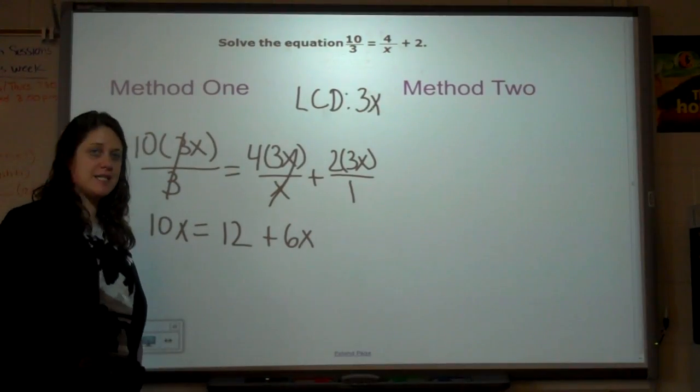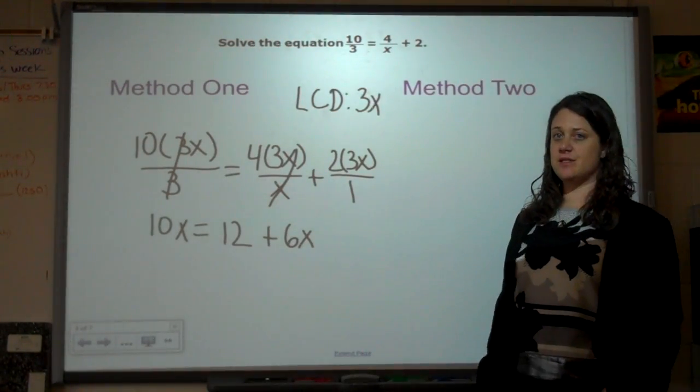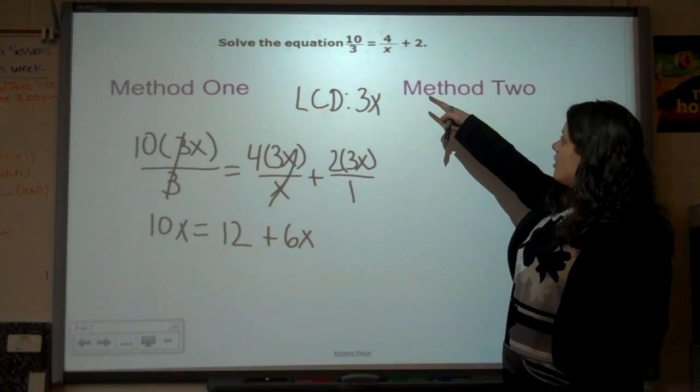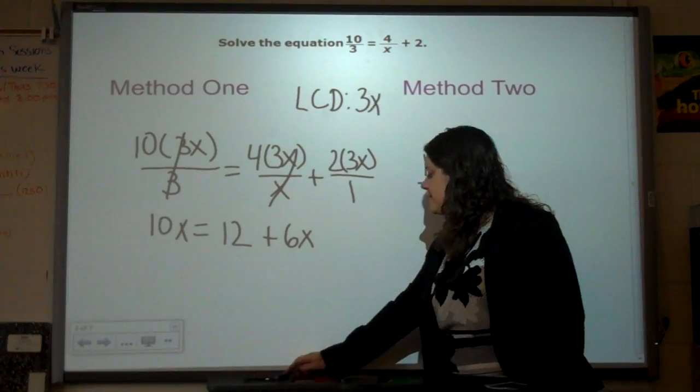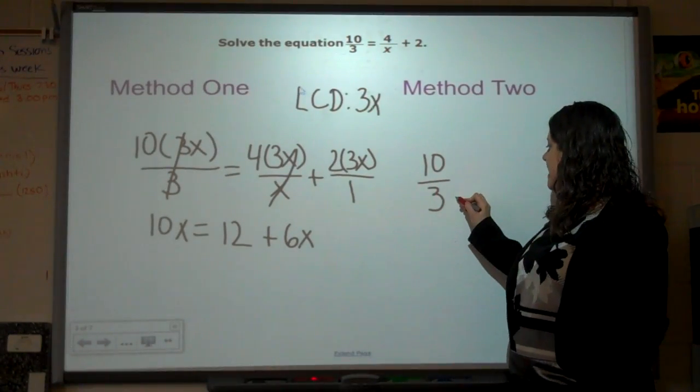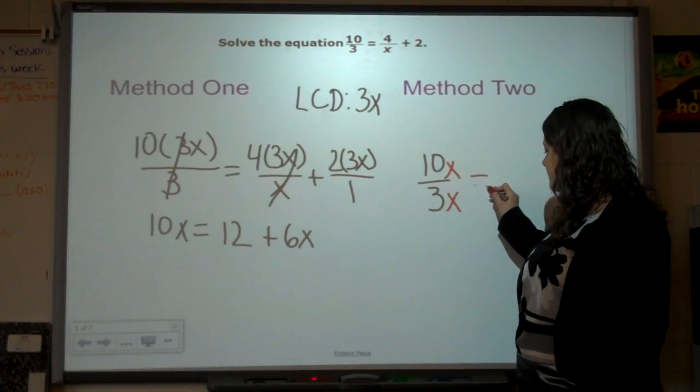Method 2, I said just find the common denominator, and then you can cancel the denominator. So for the 10/3, I need to multiply both parts by x in order to have my common denominator.